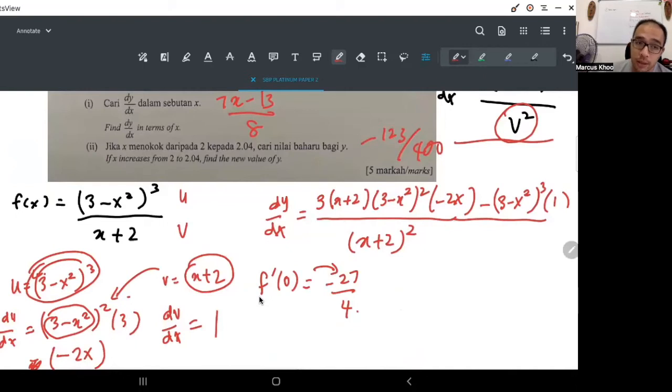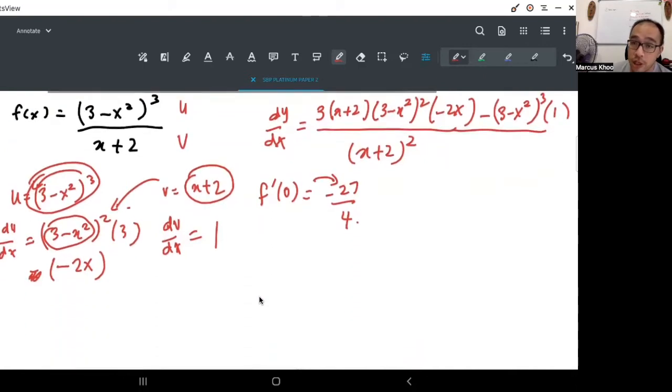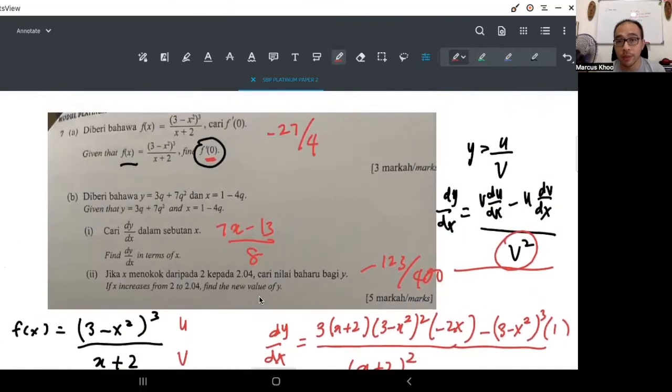The difficult part about this question probably is the differentiation of this, especially if you have left the complicated differentiations, like in 2021. Literally 2021. If you have forgotten how to differentiate these complicated ones, then this question will probably be your weak point. So it may be a good idea for you to go and revise again how to differentiate this and y equals u times v, how to separate them and combine them back.